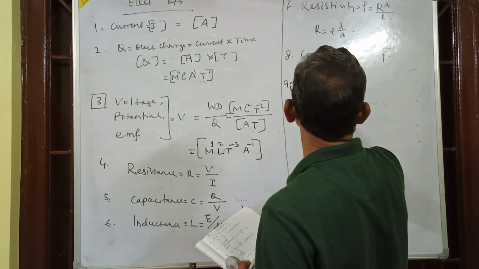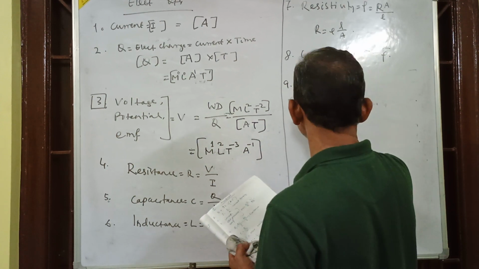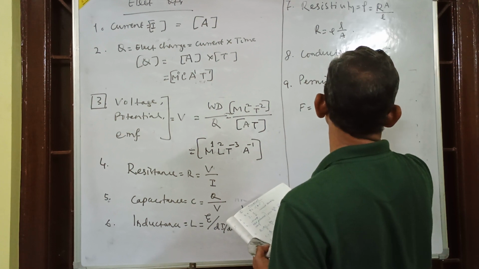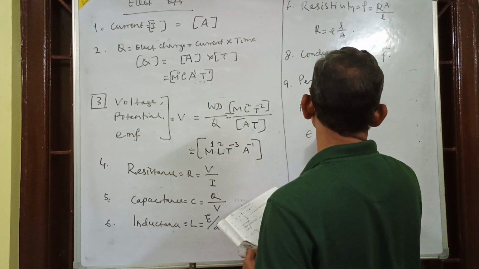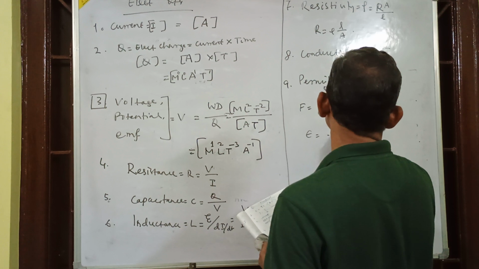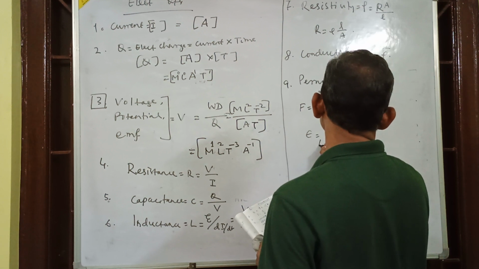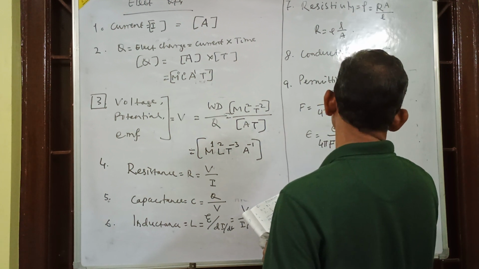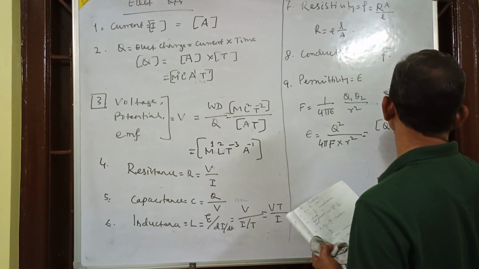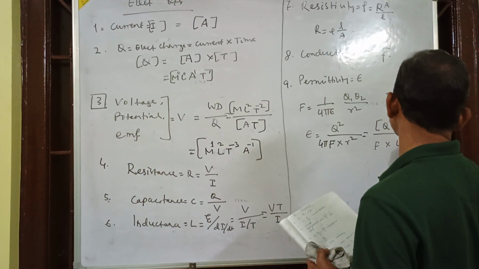What is permittivity? It is epsilon. Here F is equal to 1 by 4 pi epsilon, Q1 Q2 by R square, or epsilon is equal to Q square by F times R square.